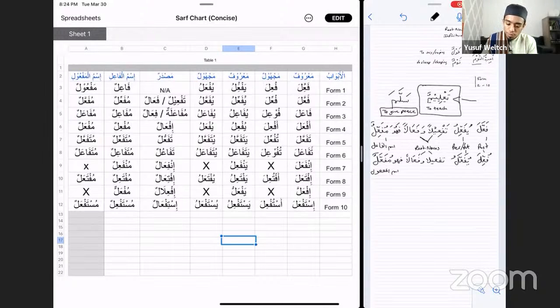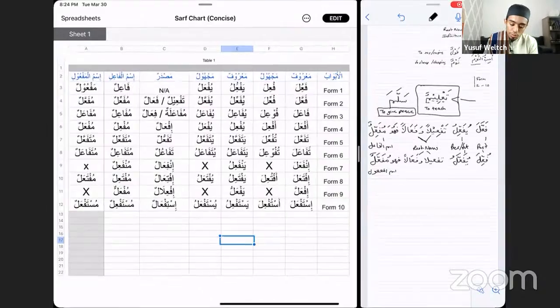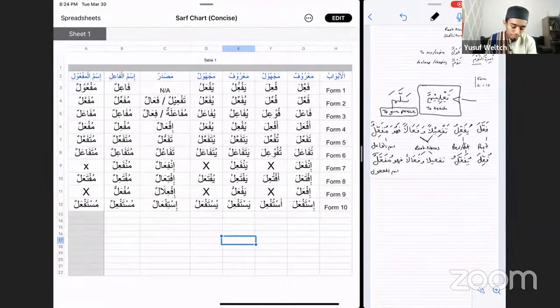So, has anyone had a chance to memorize form 1? I know people have. Has anyone not been able to do it yet? Is anyone willing to read it now?